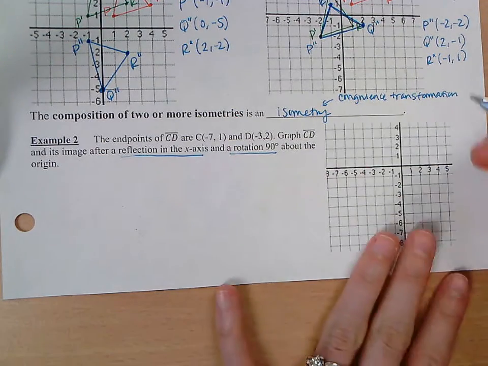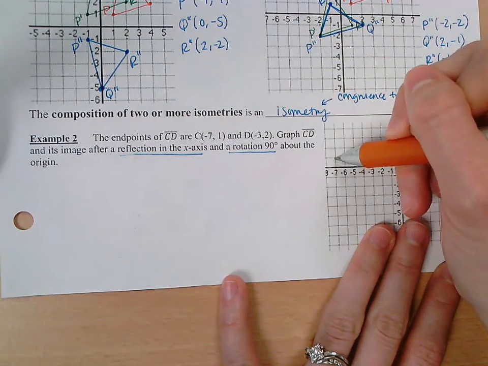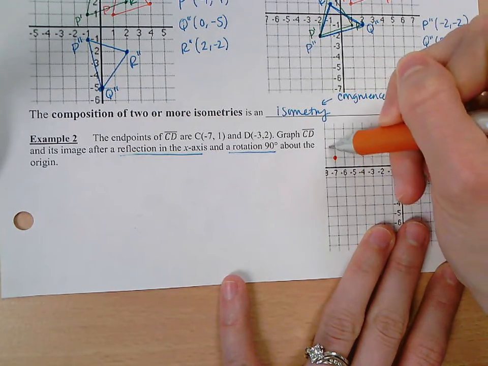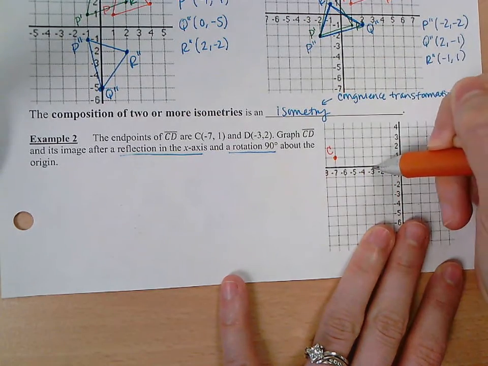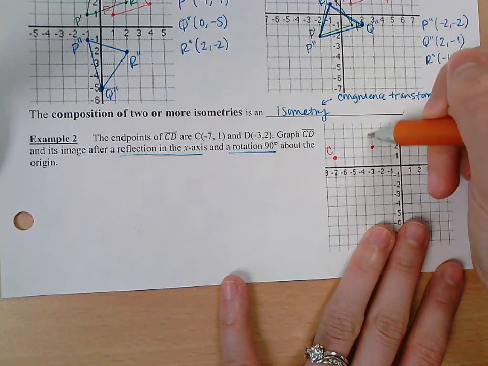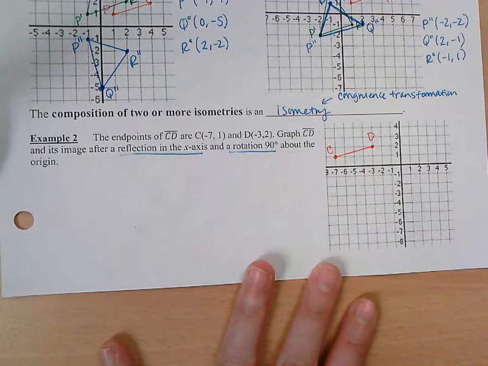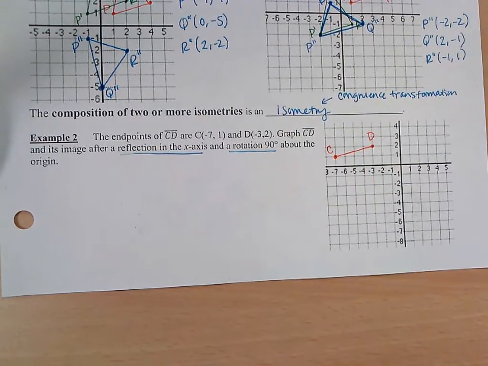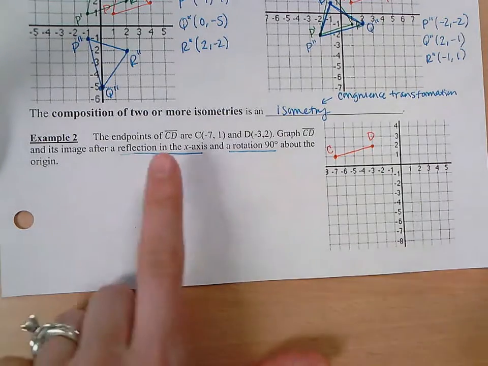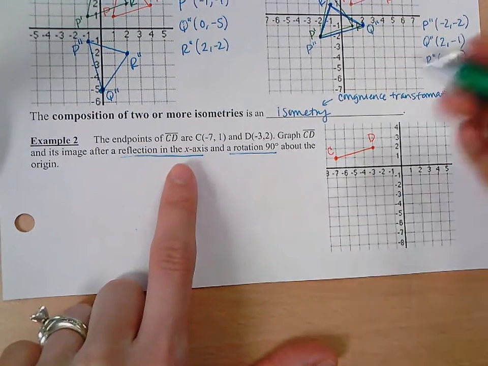So I'm going to plot C and D. So it's just a segment. And I'm going to do the reflection first. So I'm going to reflect both of those points over the x-axis.